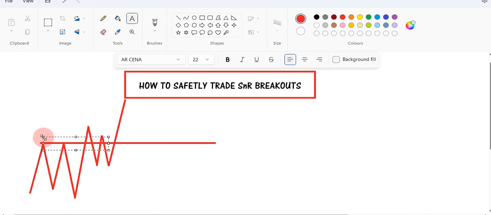I'll just put the R's here. Another R here for resistance.